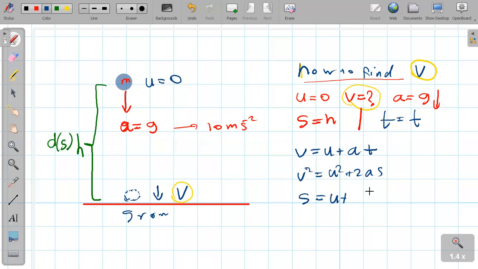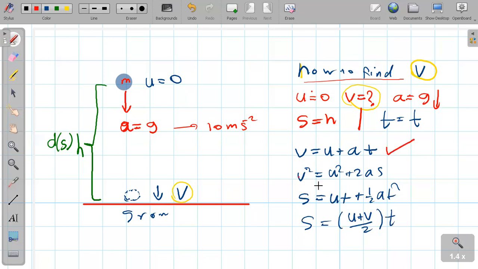The other one is S equals U plus V over 2 times T. Actually, I can use this one because V is there, U is there, A is there, and the time is there. So I can use this.